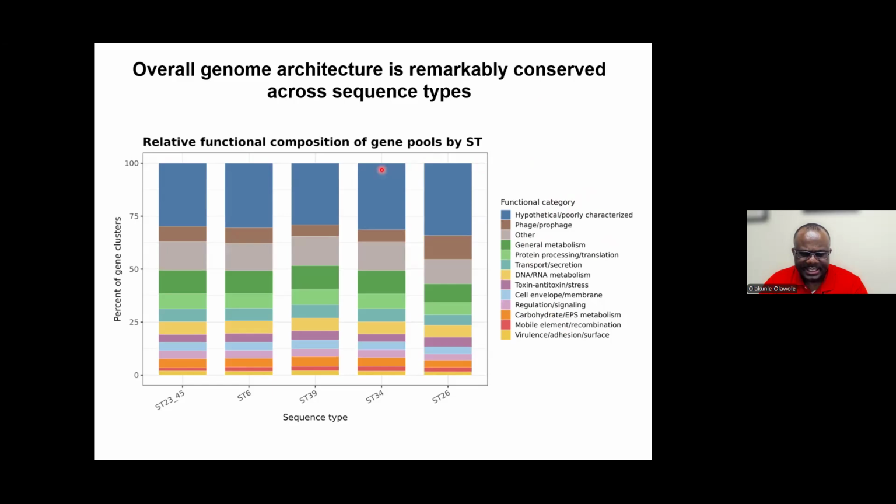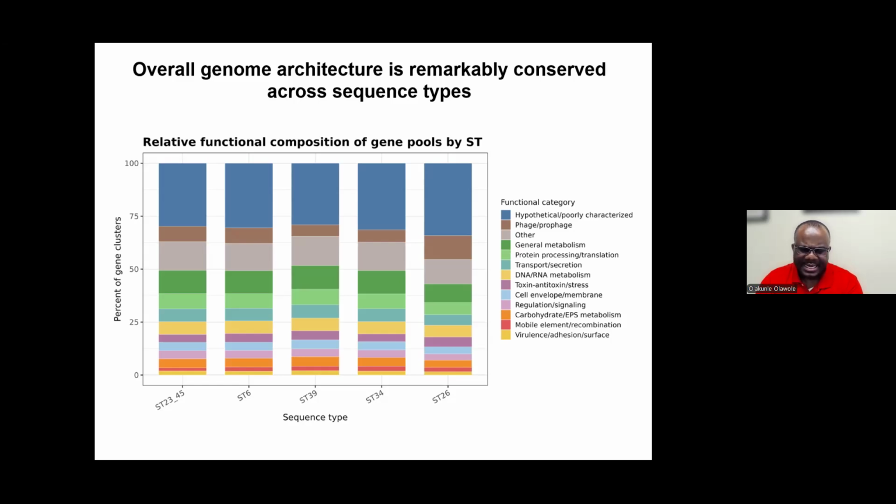Of course, the largest fraction of these genes in every lineage consisted of hypothetical and poorly characterized proteins, as you would expect. So therefore, diversification among the plum-associated lineages likely reflects differences in specific lineage-enriched genes, rather than wholesale changes in genome content.